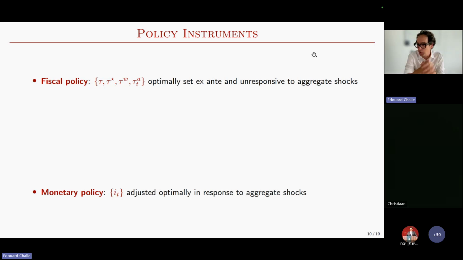It's a question that you should be naturally asking yourself when thinking about inequalities. We usually think of inequalities at least partly to be dealt with by fiscal policy. So in the paper, we are careful in taking these considerations seriously, and there is a division of tasks between fiscal and monetary policy.